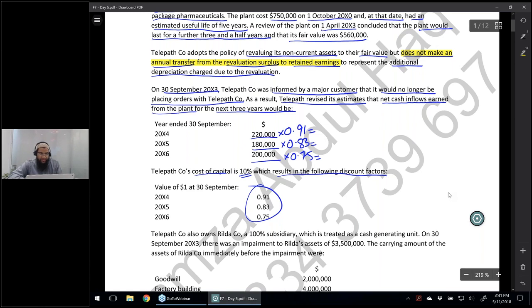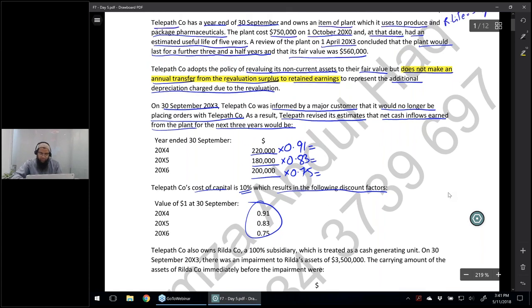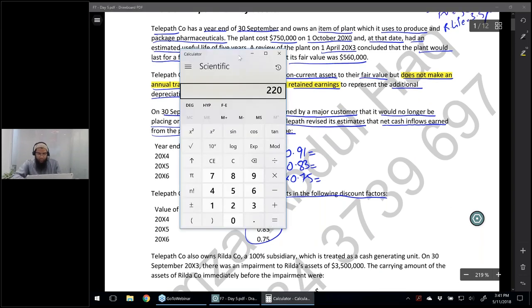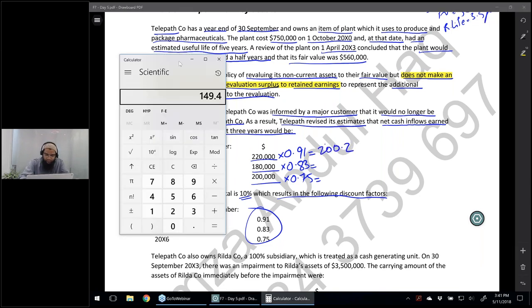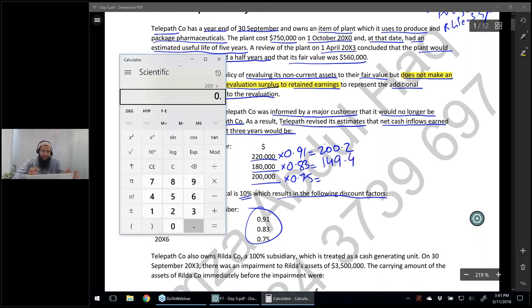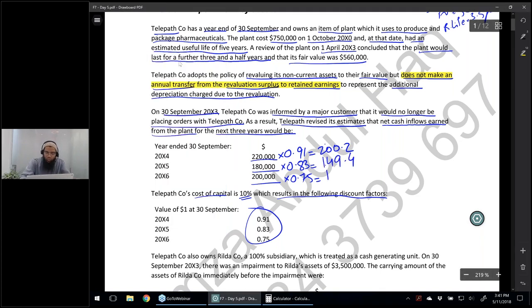So 220 into 0.91 is going to be 200.2. 180 into 0.83 is going to be 149.4. And 200 into 0.75 is going to be 150. So now let's calculate the total.